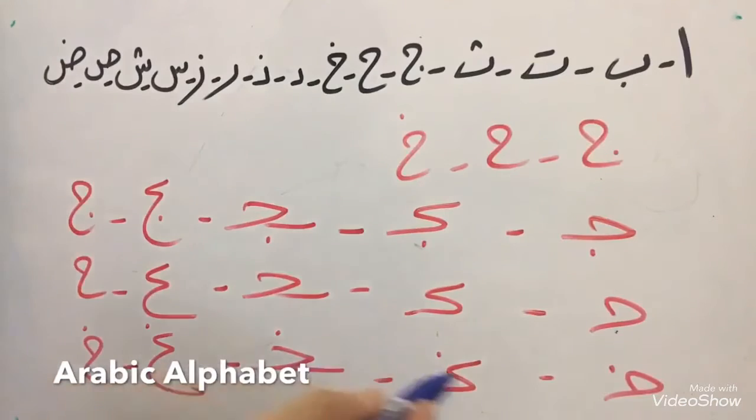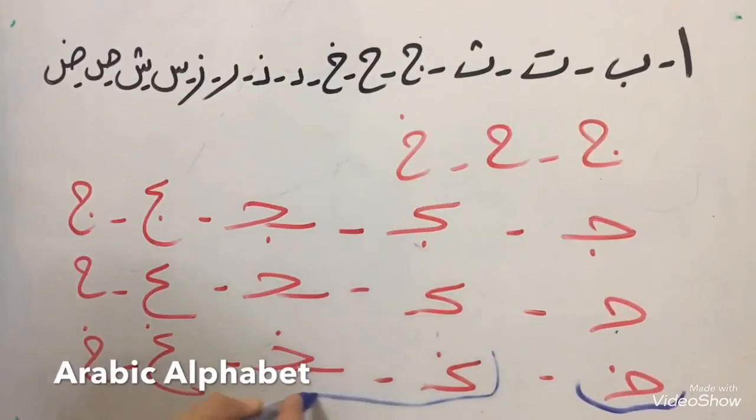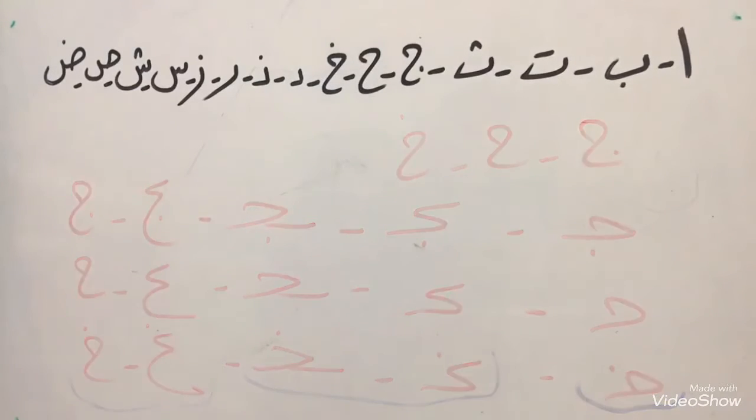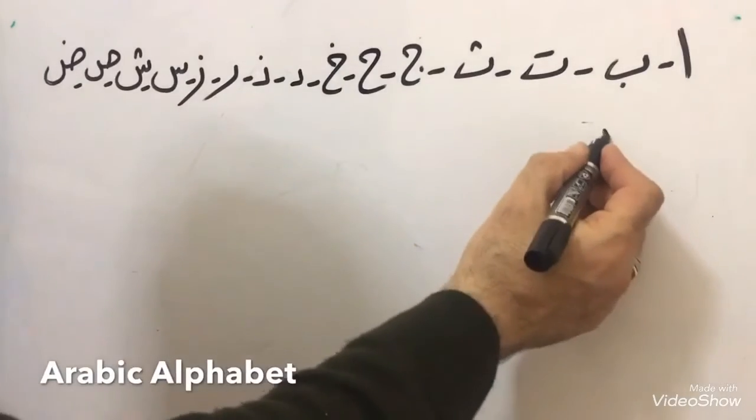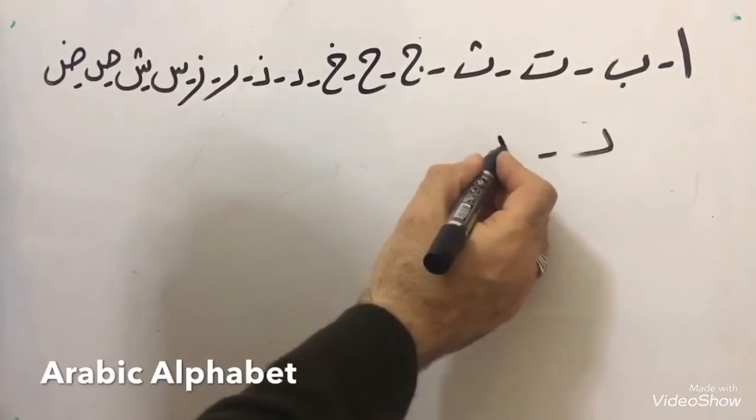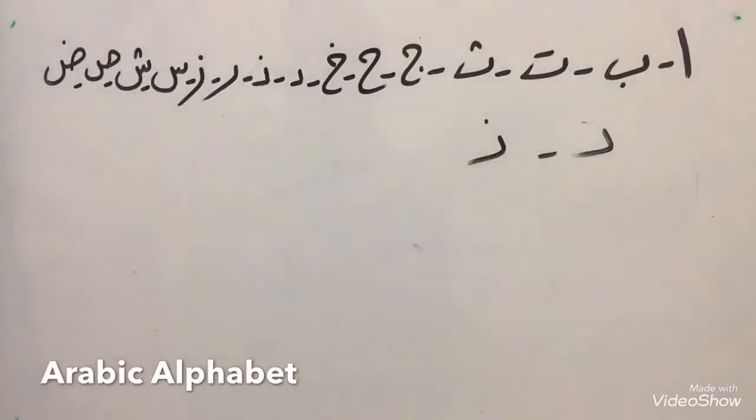This is at the beginning of the word, this is in the middle of the word, and this is at the end of the word. We knew also that Dal and Dhal are similar.